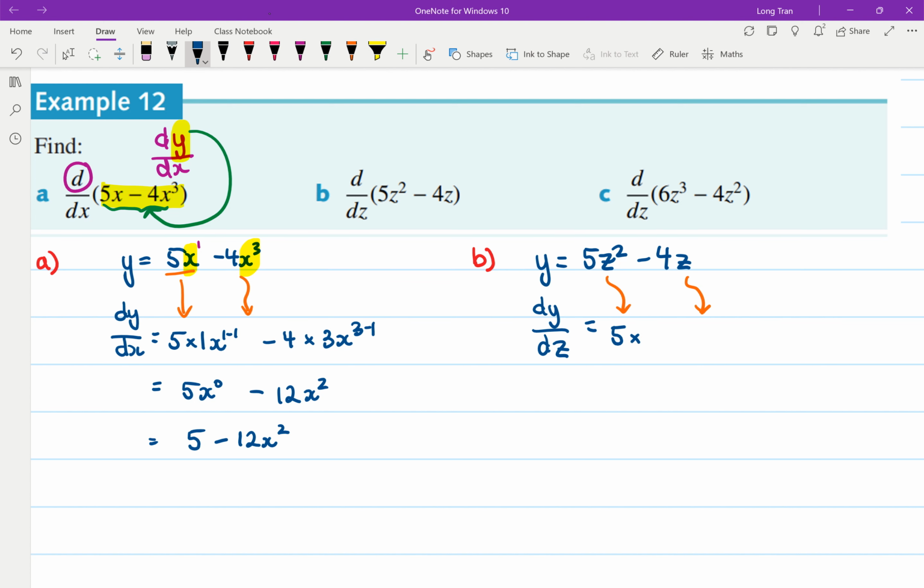The derivative of z squared is 2 times z to the power of 2 minus 1. Minus 4 doesn't change, times 1 times z to the power of 1 minus 1. So this now gives you 10z minus 4z to the power of 0, which gives you 10z minus 4. Okay, so that's my derivative for part B.